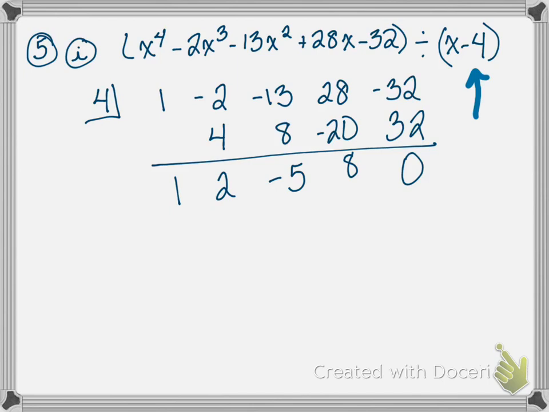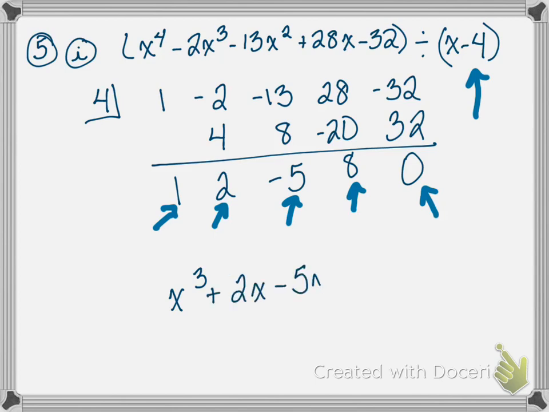And if you remember, this is my remainder, this is my constant, my x value, my x squared value, my x to the 3rd value. So my final answer to this is going to be x to the 3rd plus 2x squared minus 5x plus 8. Okay? So that is the answer to number 5I.